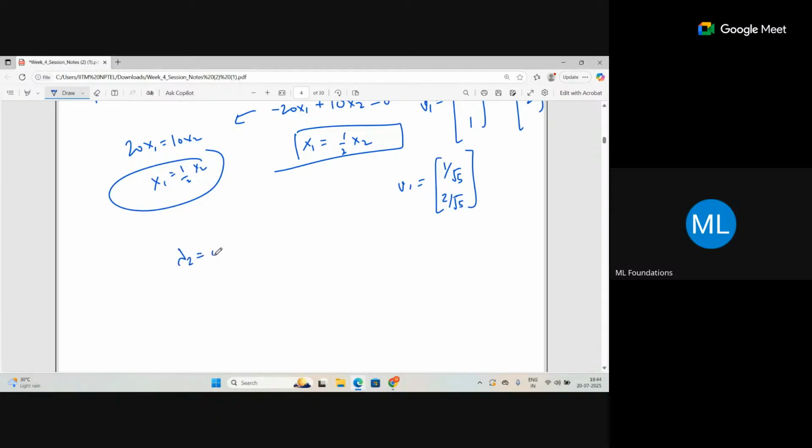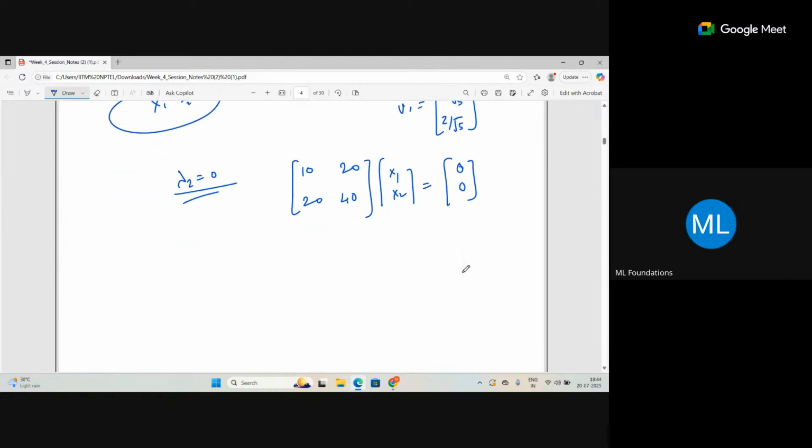We'll have to find the eigenvector for lambda 2 equals 0. In that case, it will be 10 minus 0, 20 minus 0, 20, and 40 minus 0 is 40, of x1, x2, equal to 0, 0, right? And if I do the row operations, r2 changes to r2 minus 2 times r1 to make this element 0.